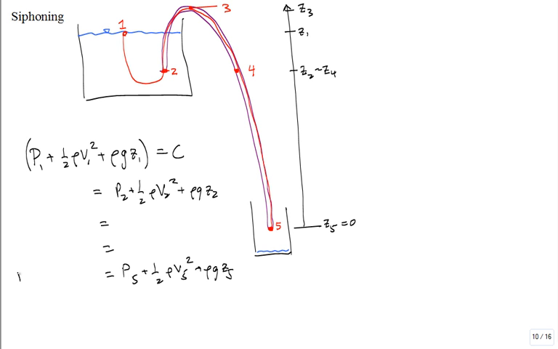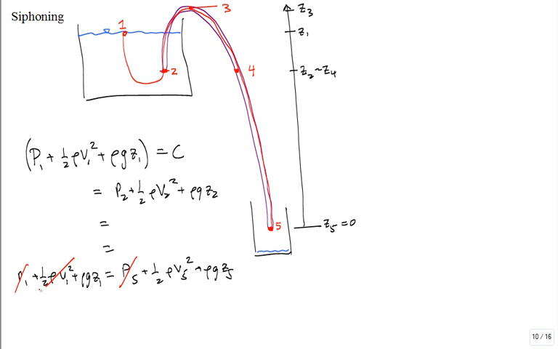So P1 plus 1/2 rho V1 squared plus rho g z1. Which terms can we cancel out of the Bernoulli's equation going from 1 to 5? P1 and P5, they're both equal to 0 gauge pressure. They're both the atmospheric pressure.